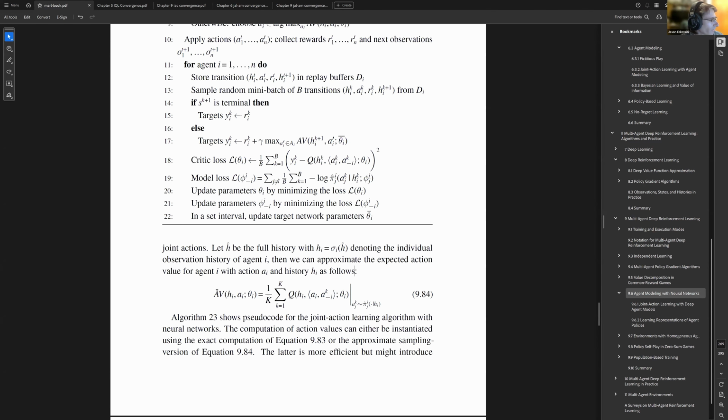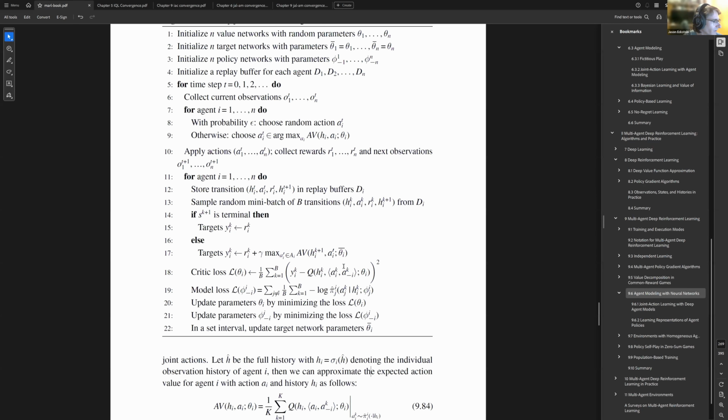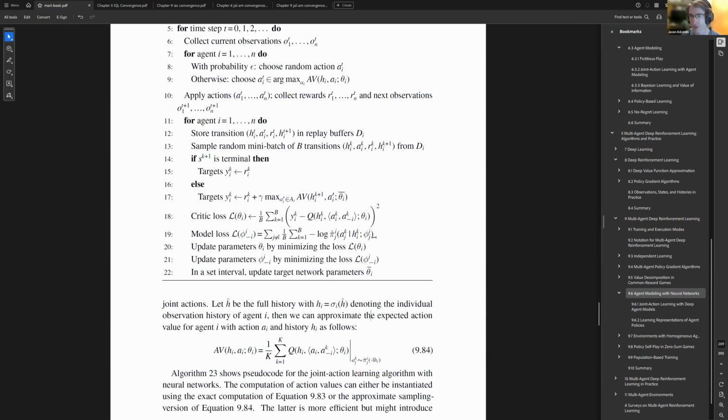So the hard part of this is actually computing the action values, which requires these models, but training the models themselves is very straightforward. If you do supervised learning, all we're doing with the model training is observing the actions the other agents took. We use that as a data set, and we're just minimizing the cross-entropy loss, just like when we train a classification function.